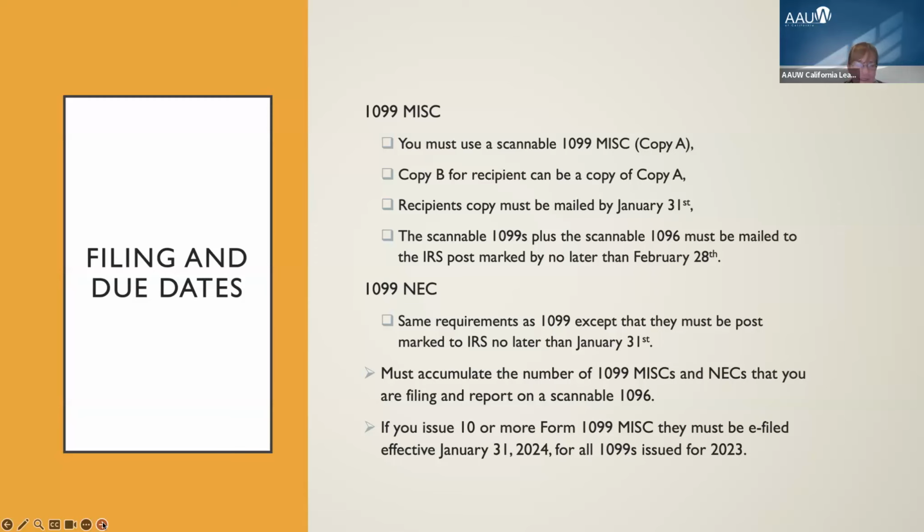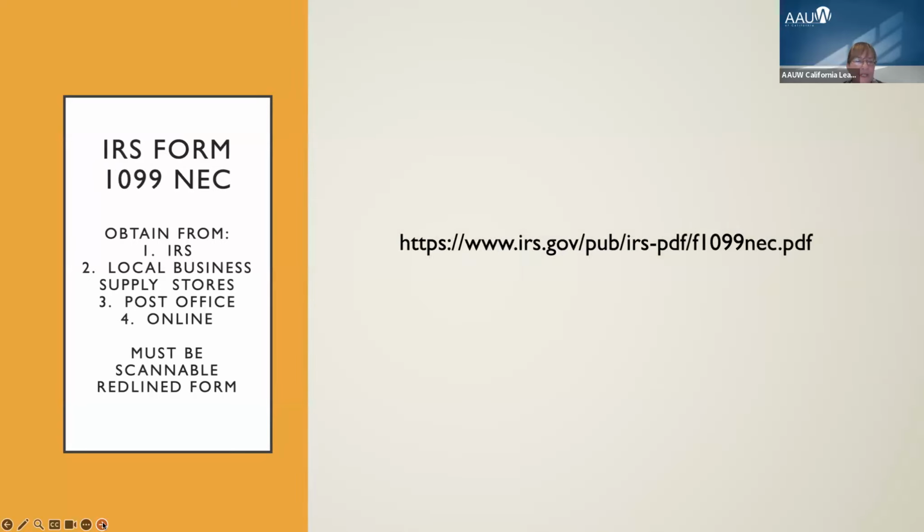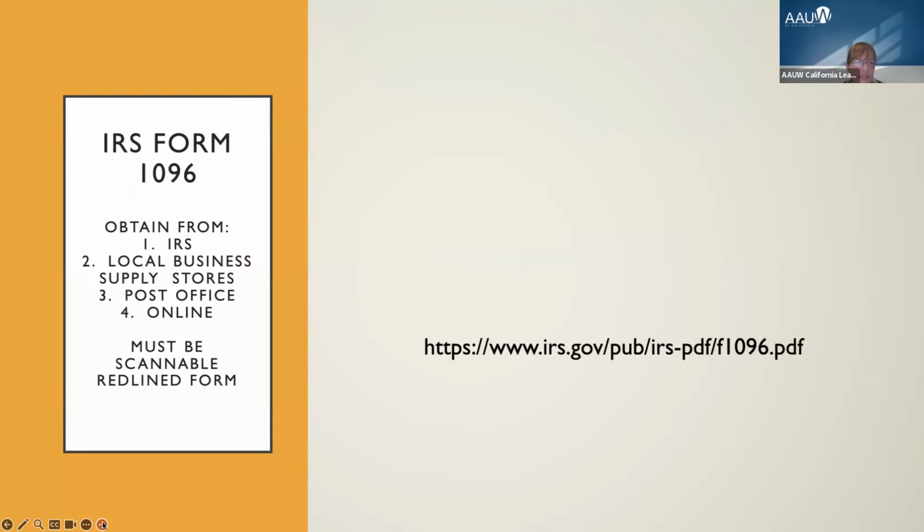And so hopefully you can just use the regular mail. What we have here is simply the URL. You can go in and see a copy of that, and instructions are included with the form. This is the 1099 NEC, and this is that 1096 that you're going to send into the IRS.